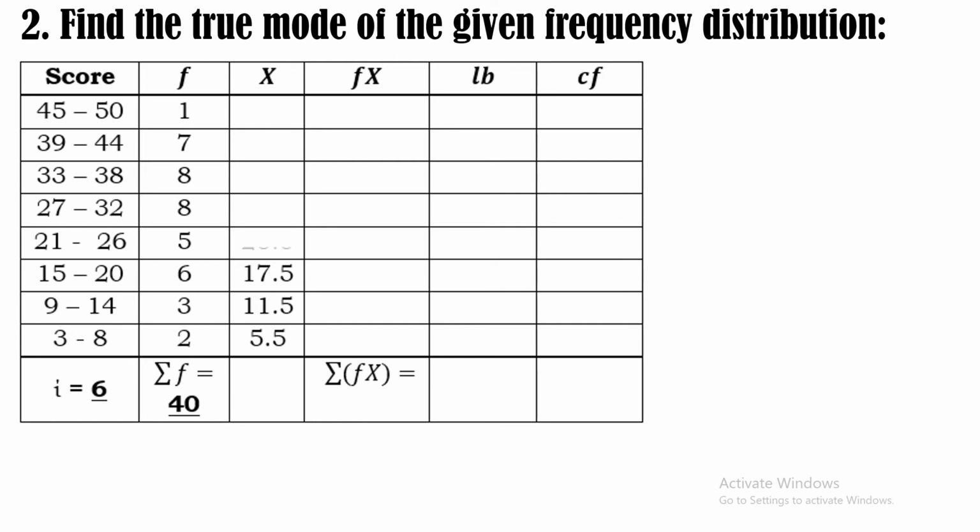Add 6 again, it's 23.5, followed by 29.5, then 35.5, then 41.5, and then of course we have 47.5. Now for the fx column, again, you have to multiply the frequency by the class mark. So what is the fx value of the class interval 3 to 8?